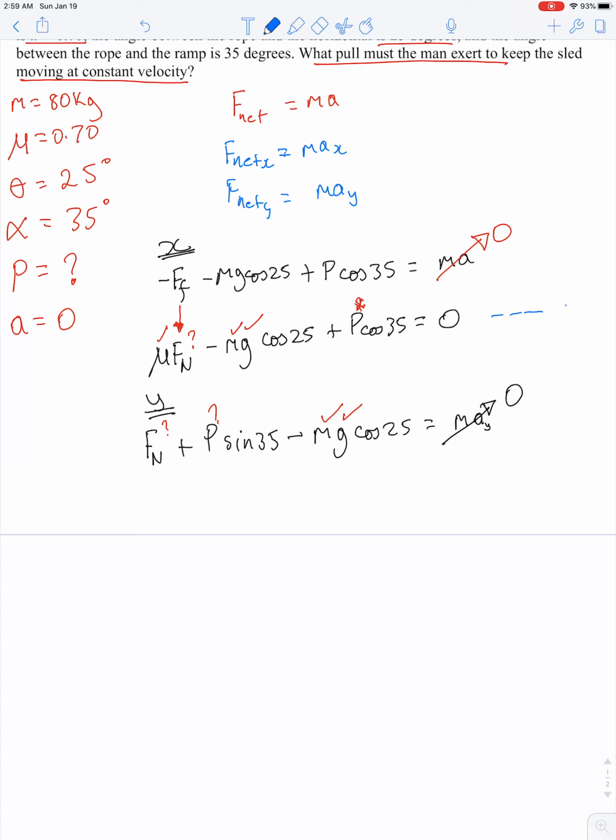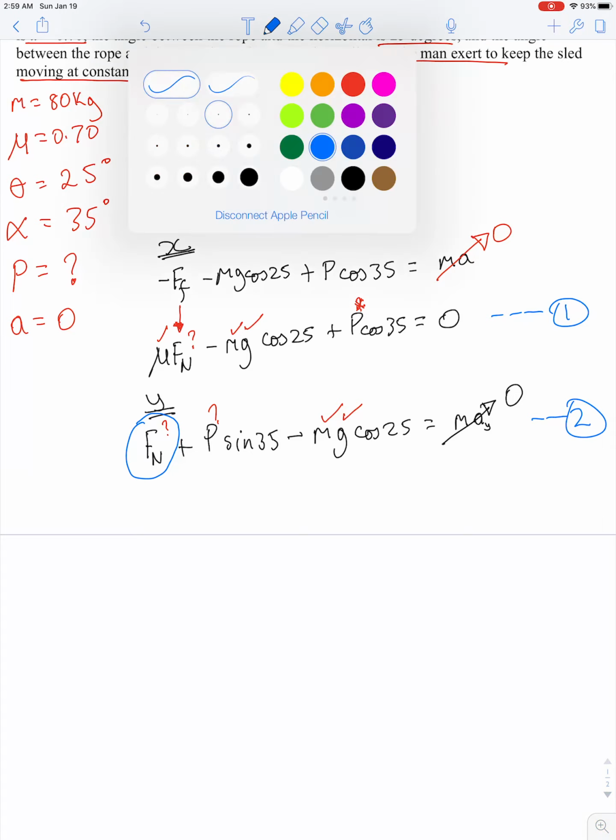This is one equation, and this is two equations. The shortcut is simply this: you solve for the thing that you're not looking for, in this case, Fn. Don't worry about what's going to happen to it. Just solve for it.